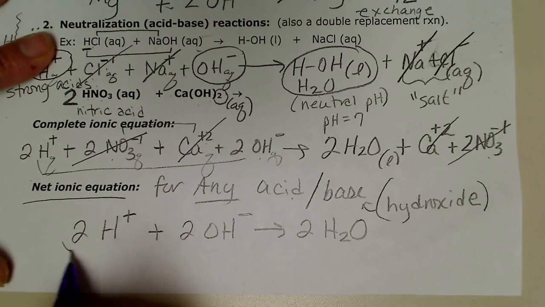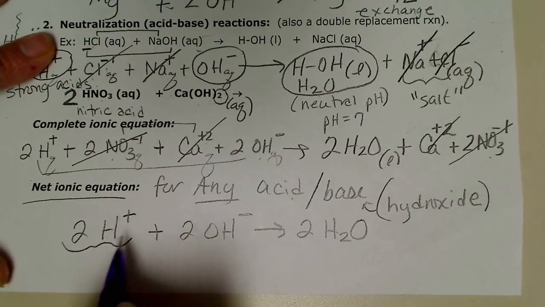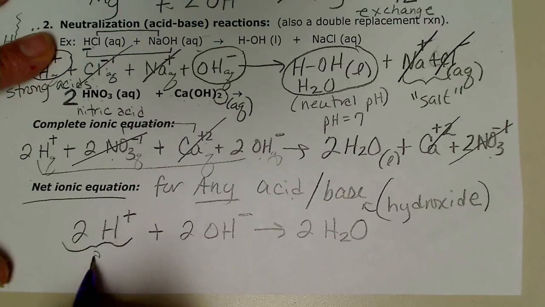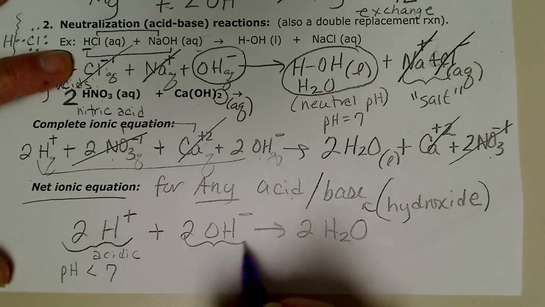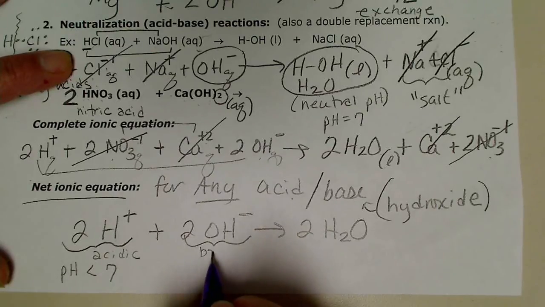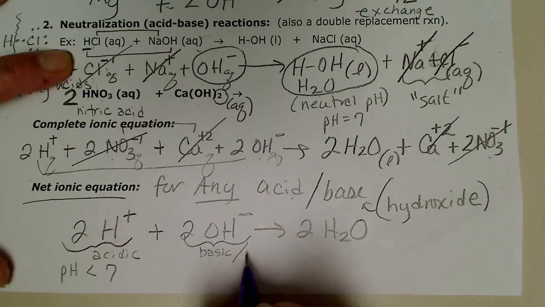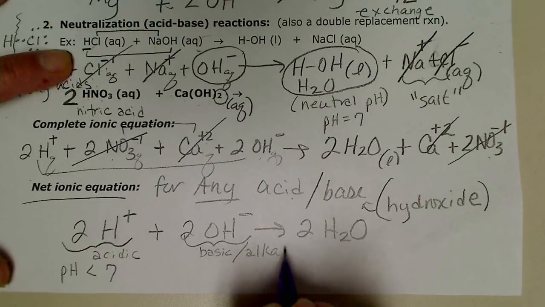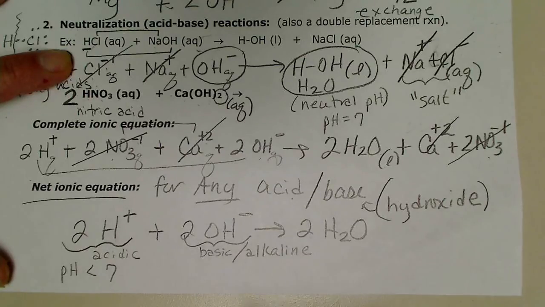When we start studying the pH, we'll see that something acidic is going to have a pH value of less than 7. When we have a basic solution, which means excess hydroxide, sometimes written as alkaline, then we'll see that the pH value for that is greater than 7.